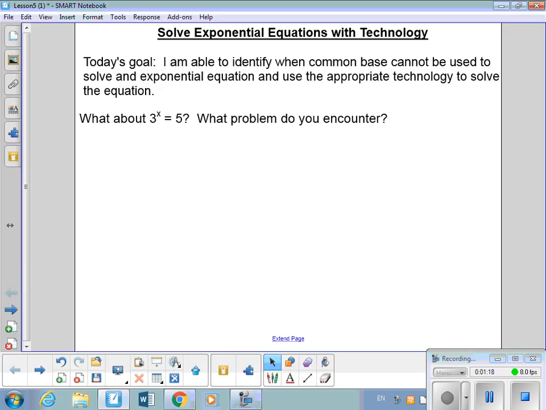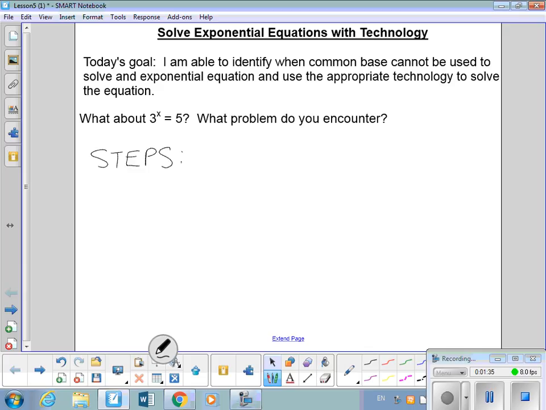So what we're going to do is we're going to do a couple different things. The first thing we're going to do is take this equation, 3^x equals 5, and break it into pieces.